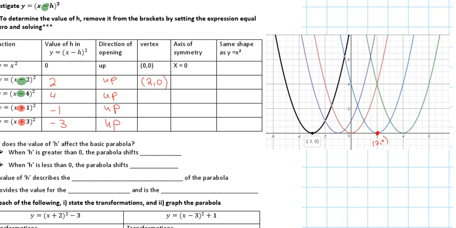The h value that I just wrote right here is 2. How about the vertex for the next one? How about the vertex for this one? And for the black one?